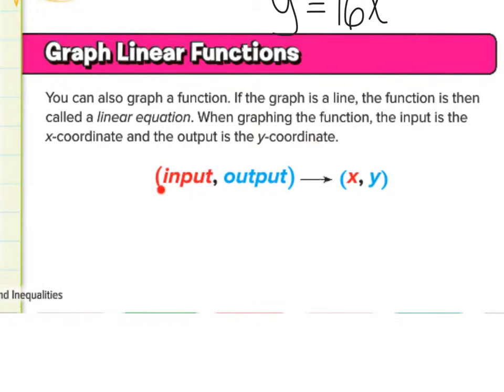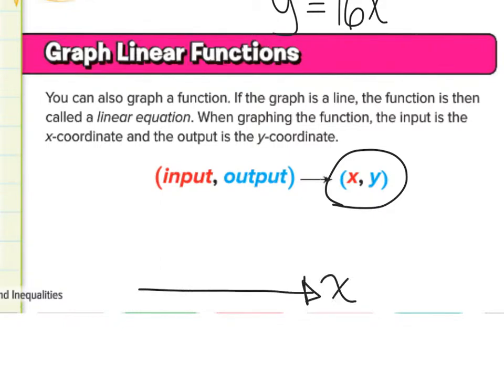So our input is our x, and what we generate out is our y. And when we write it into sets of coordinates, we write x, y. Our x is always our horizontal value, and our y is always our vertical value. Our x is often called the domain, and our y is often called the range.